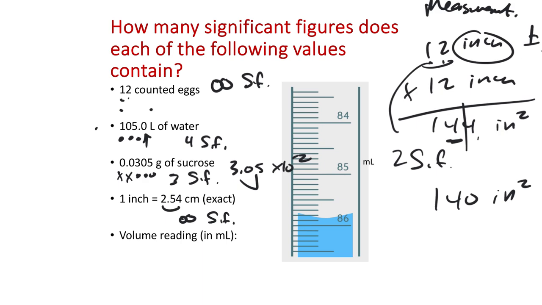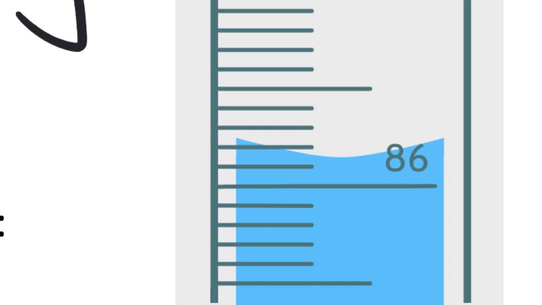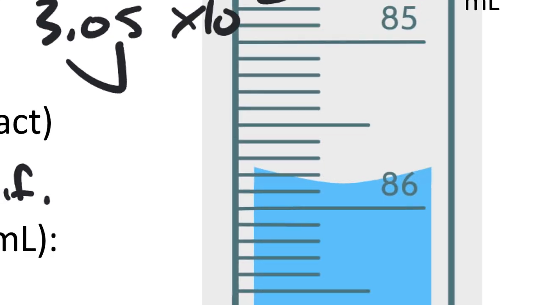Imagine you take a volume reading over here. This is getting at the idea of interpolating between scales. We see 85 to 86, so we're at 85 here, 85.5, and then we're somewhere between what would appear to be 85.8 and 85.9 milliliters.